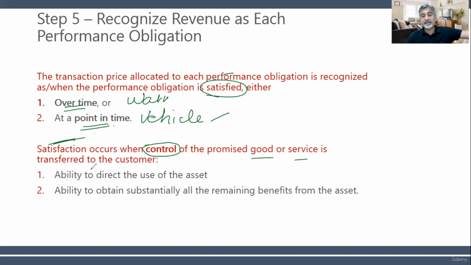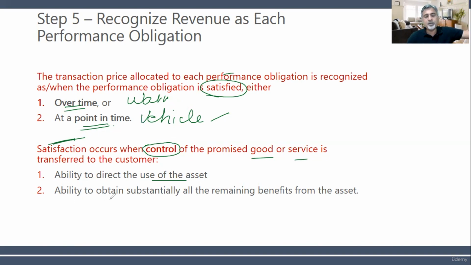And it has conditions: the ability to direct the use of the asset, because now you have the control of the asset. Control means that you have the ability to use it. You can take it home, you can drive it, you can park it, whatever you want, you can do it. Before, it was in my possession, I had not given you the delivery, you could not touch it. Once I give you the delivery, it is yours.